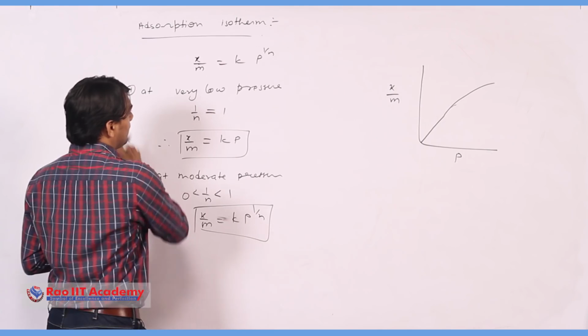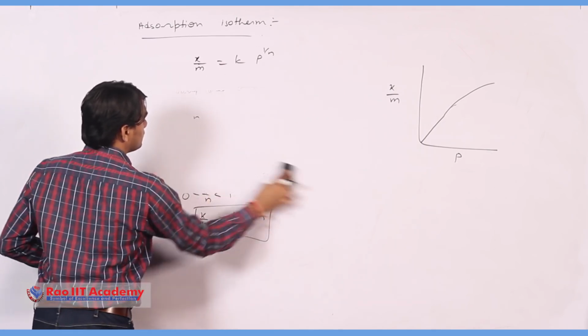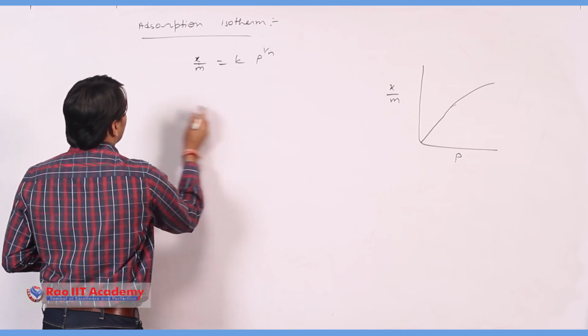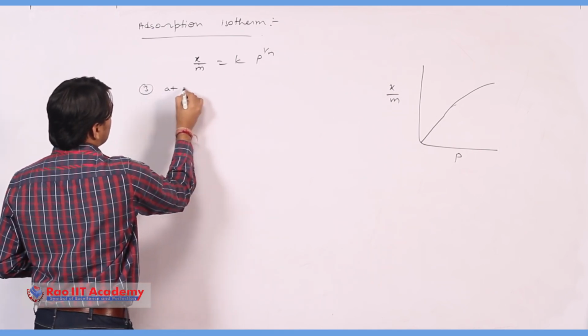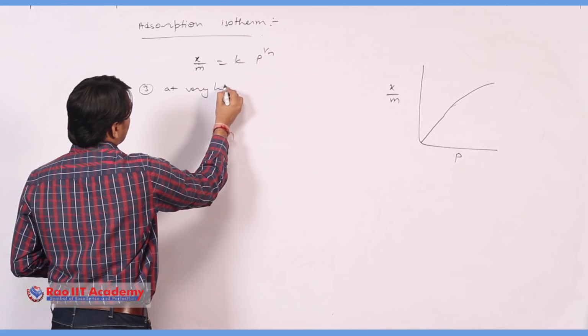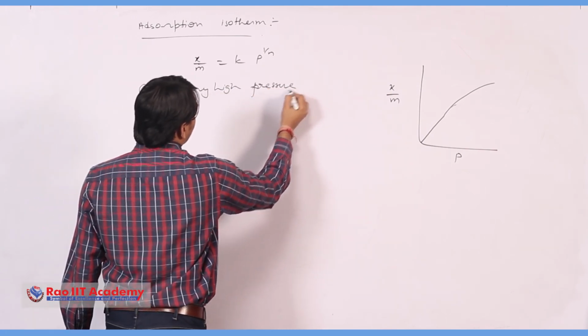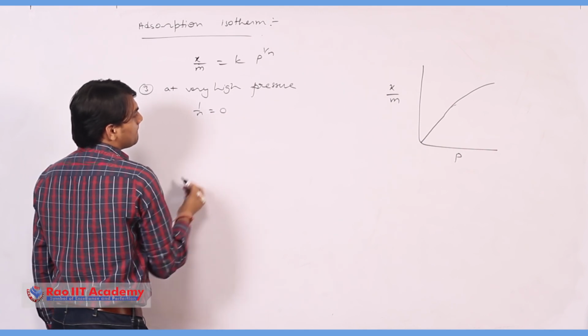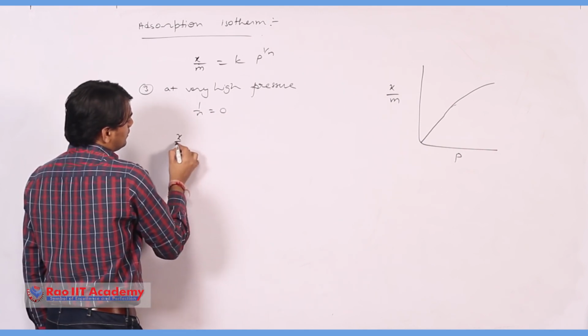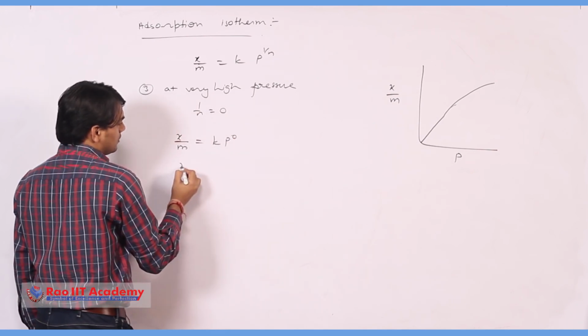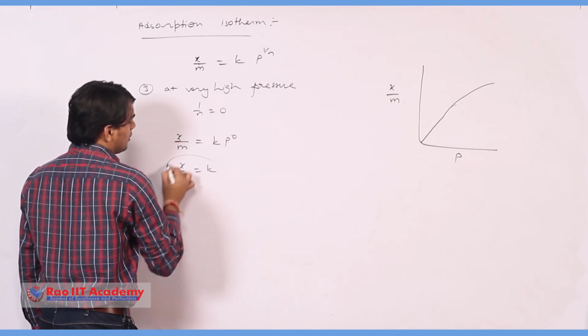And at very high pressure the value of 1 by n becomes 0. Therefore, we can write x by m is constant.